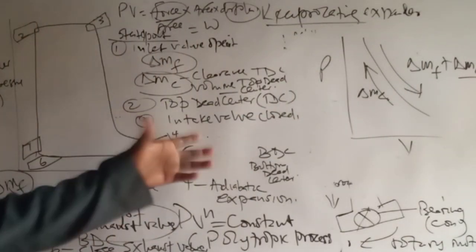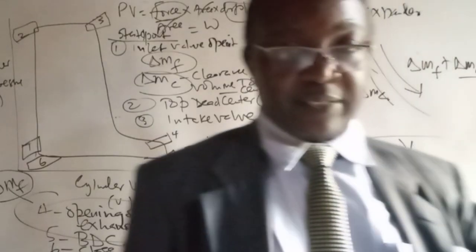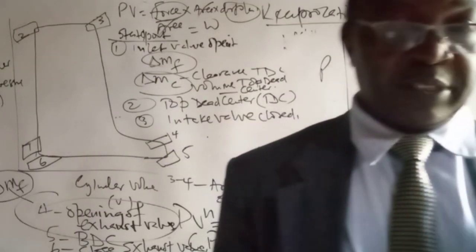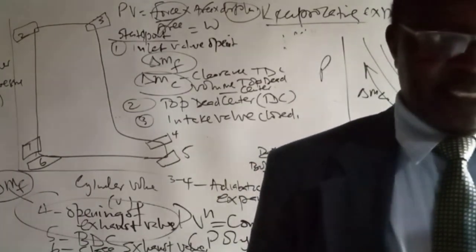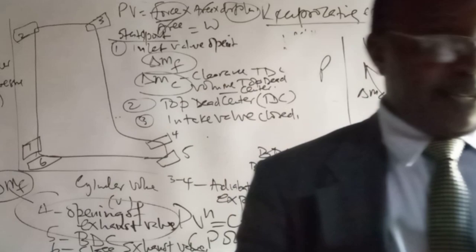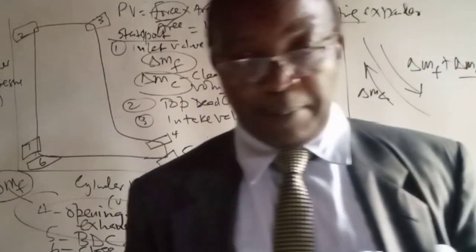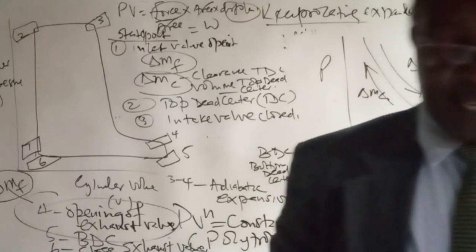And we have seen new terms. We have talked about clearance volume. That volume is very important so that we don't have the piston hitting the cylinder head. That would be a problem. If it hits, it can crack the piston.